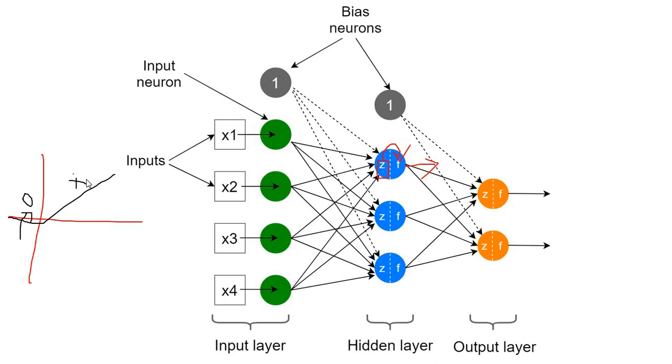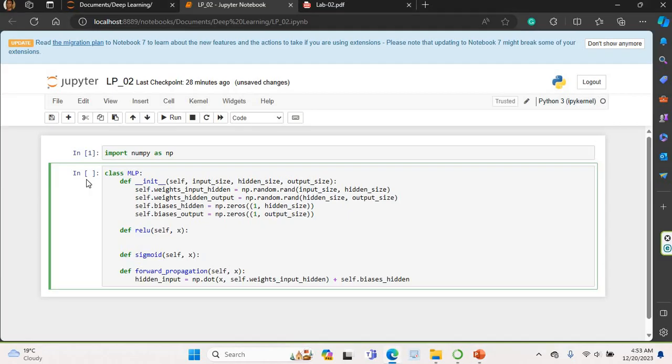A very simple function. Now we are going to implement that function here. First the ReLU. The ReLU is going to return, so we are going to use the maximum function in this NumPy library. We are going to return the maximum like this. So the z value we are going to pass here.